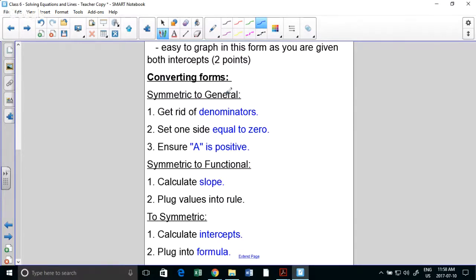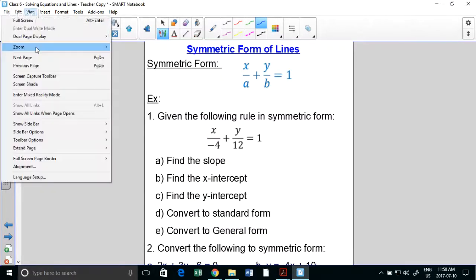So from symmetric to general, you just have to follow the criteria of general: get rid of the denominators, one side equal to 0, a positive. From symmetric to functional, very straightforward, all you do is calculate the slope. To symmetric, from either, you calculate the intercepts. That's it. So let's take a look at this.